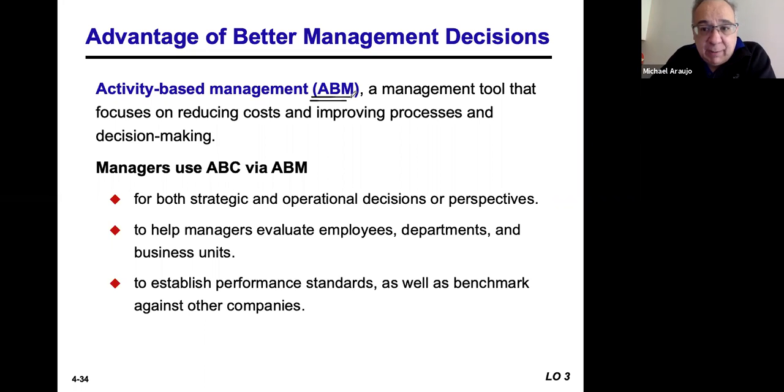It's all the same basic stuff, and these are just tools that are used. If a company is using ABC, they're probably using an activity-based management tool as well to help them.